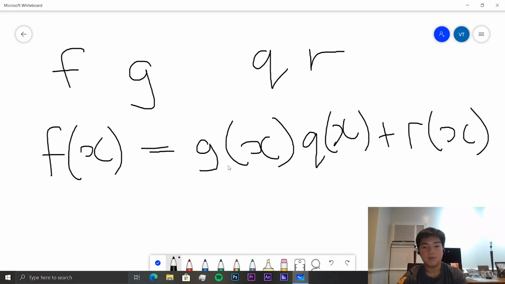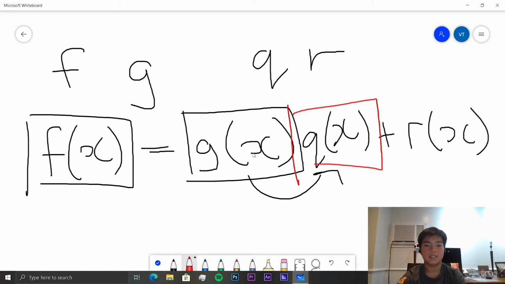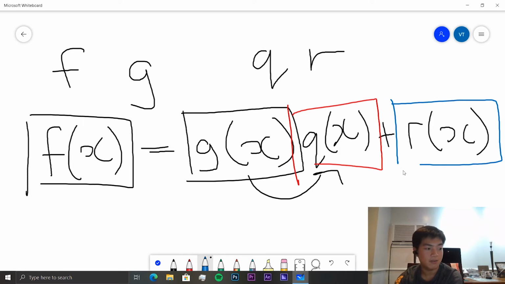You might think of this as a sort of linear function, not really, but it means that we can express any polynomial as another polynomial multiplied by some quotient plus a remainder. So we call this function q of x the quotient. It's like when we divide f of x by g of x, and we call this r of x function the remainder. So that is pretty much it.